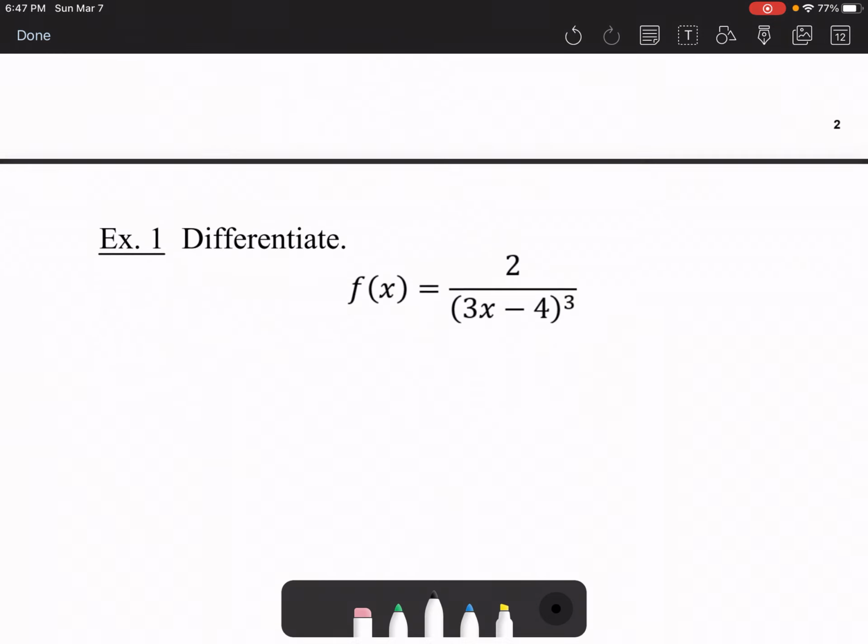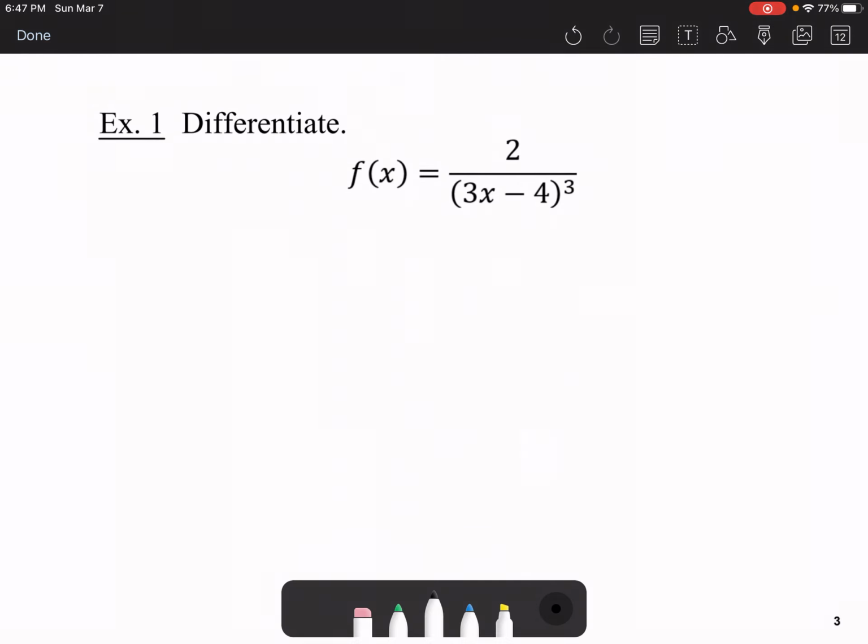So let's see how we can do this again. Let's try this time with prime notation. To calculate the derivative of this, I'm going to first rewrite this as 2 times 3x minus 4 to the exponent negative 3. Now remember, 2 is a constant, so it's not going to change the derivative.